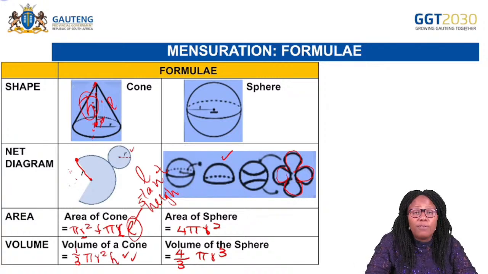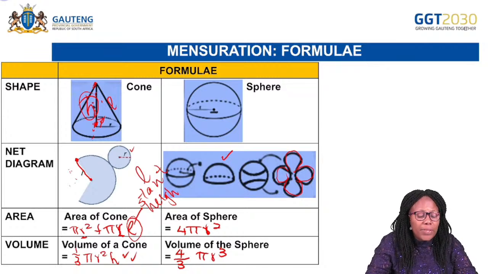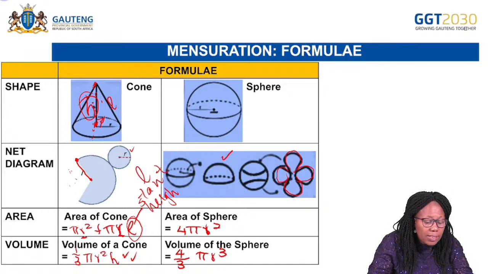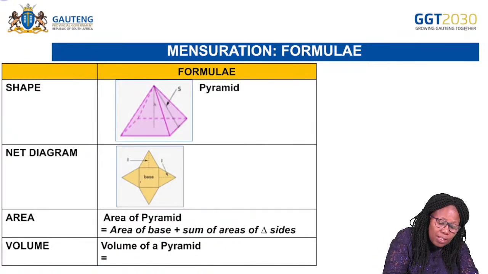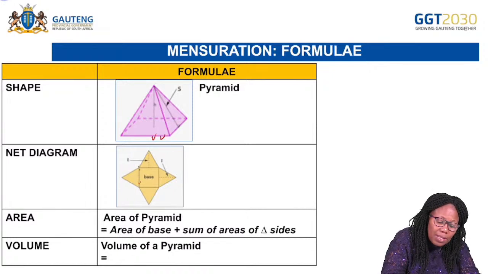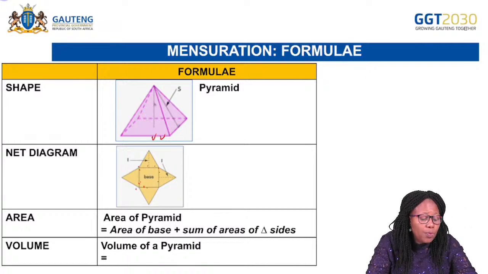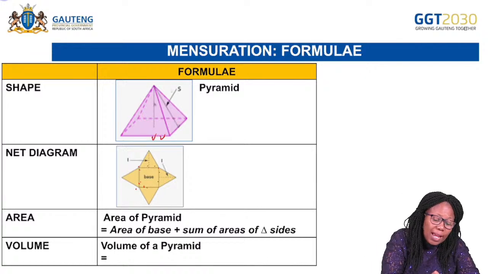Lastly, grade 12, in formulas, we are looking at the formula of the pyramid now. The pyramid depends on the base, whether your base is a square base, we are talking about this part, or the lower part of your pyramid there. So this base can either be a square, a rectangle, and so forth. With the pyramid, when we form a net, we just cut off these triangles on the side.